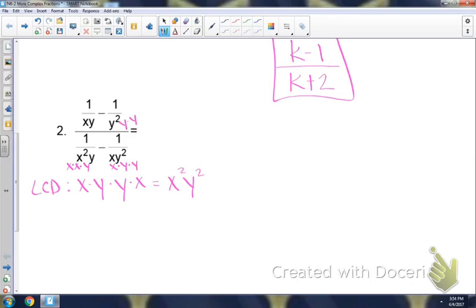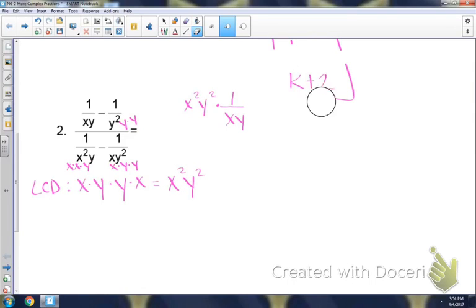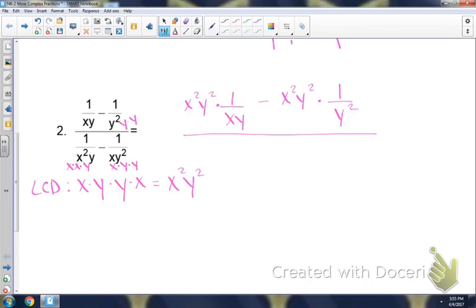Okay, so we're going to multiply everything by x squared, y squared. Okay, so going through, we have an x squared, y squared, and an xy on bottom.